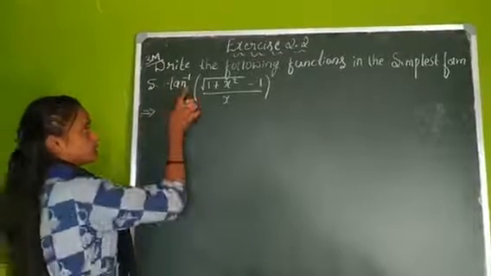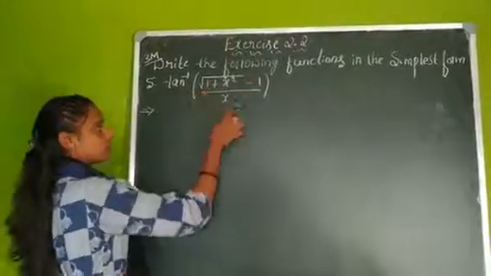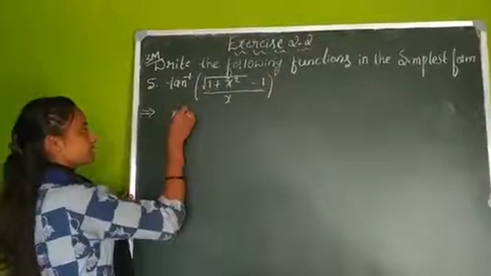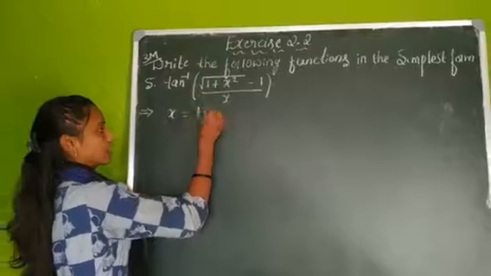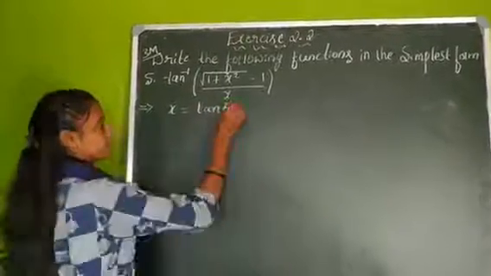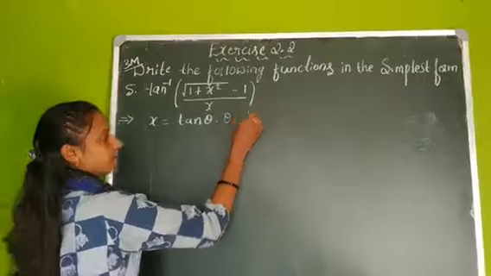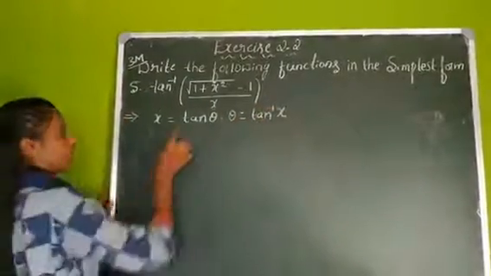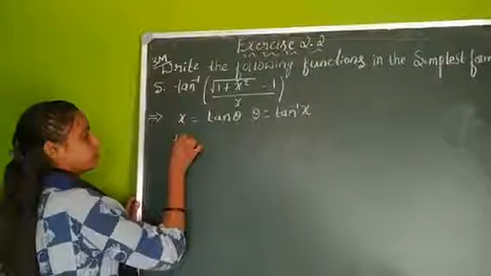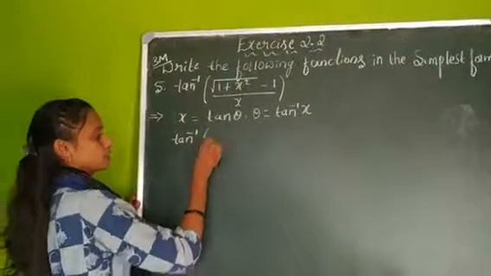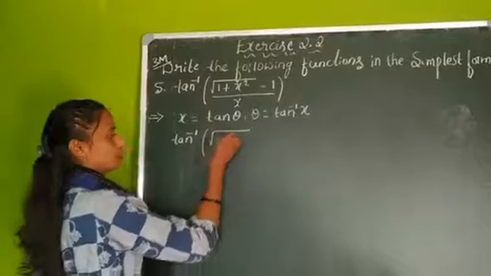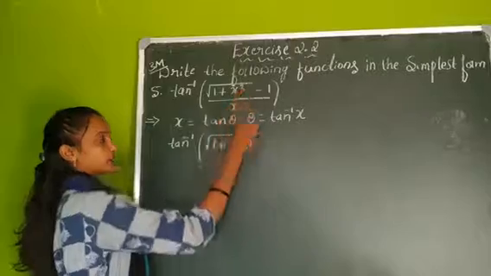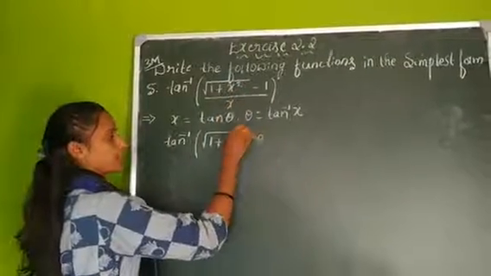Here tan inverse is there, so somehow you need to get the tan of some simple form. For that, I take x is equal to tan theta. Then theta can be written as tan inverse of x. Now square root of 1 plus x square is nothing but square root of 1 plus tan square theta.